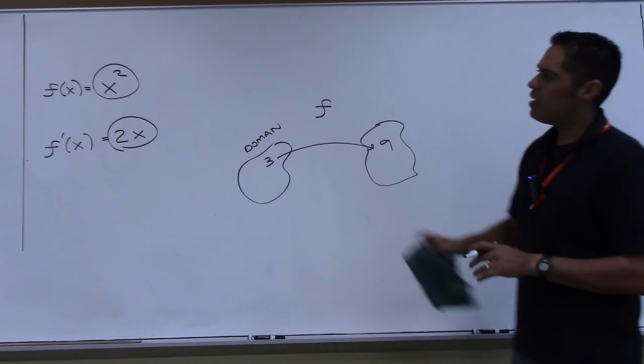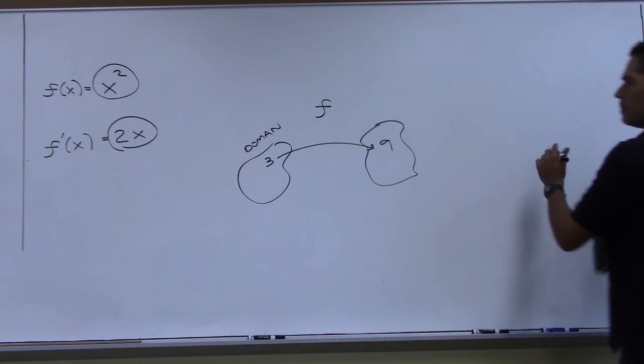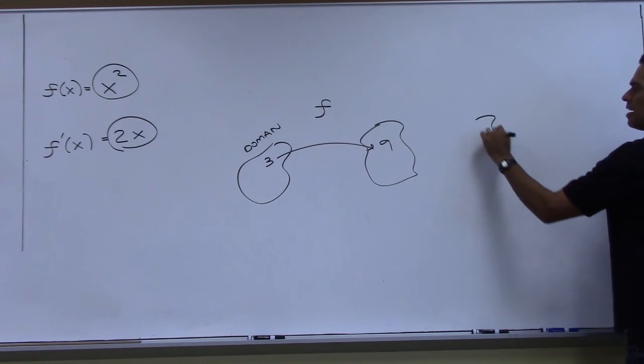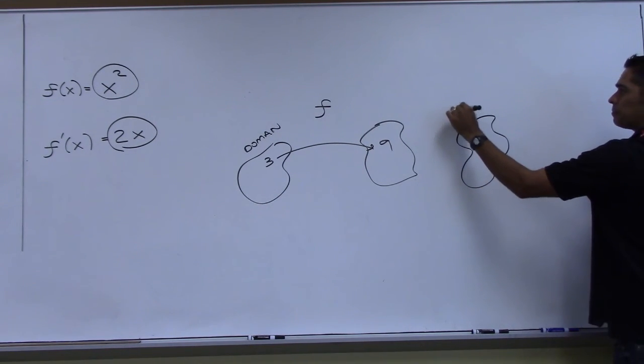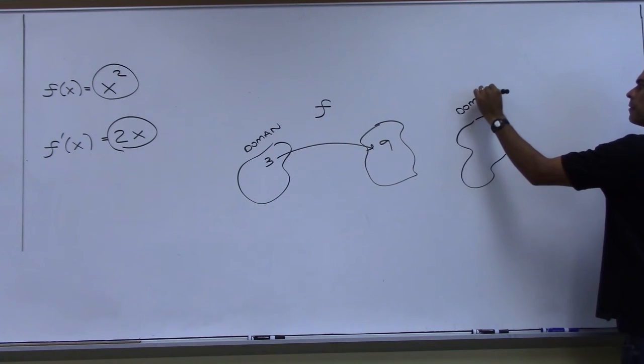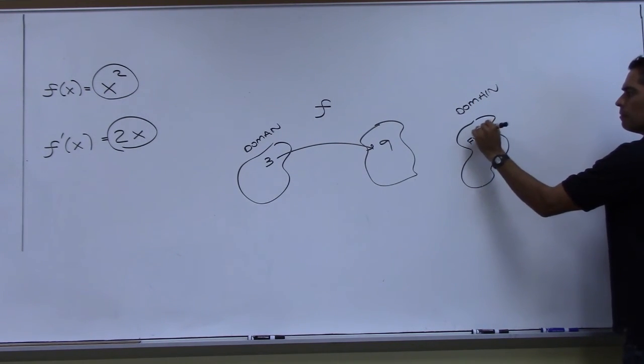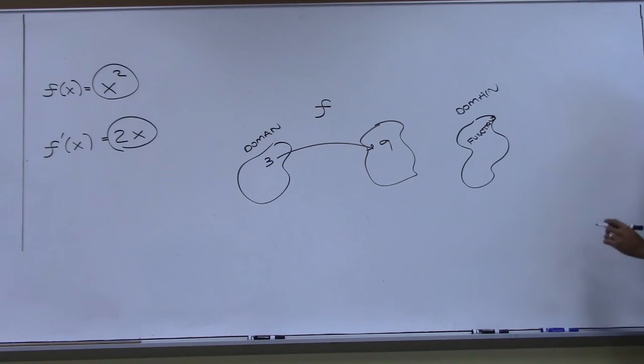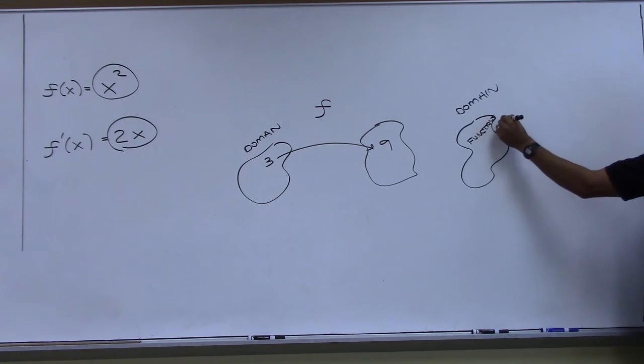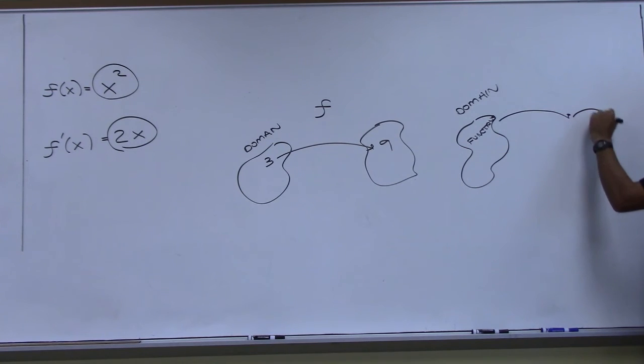What I want you to realize here, and I'll draw the picture next to it, is that let's say our domain are actually a bunch of functions. And what we're going to do is send them through something and get functions to come out.